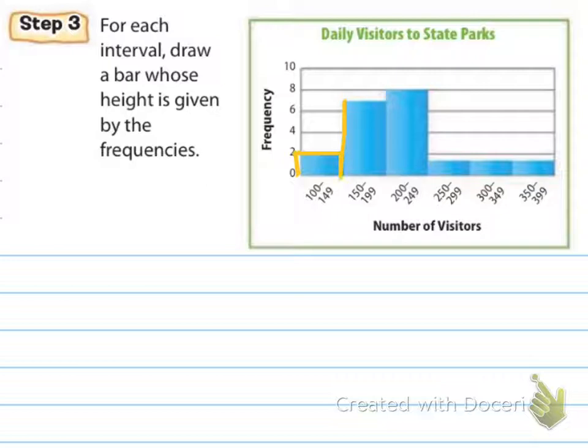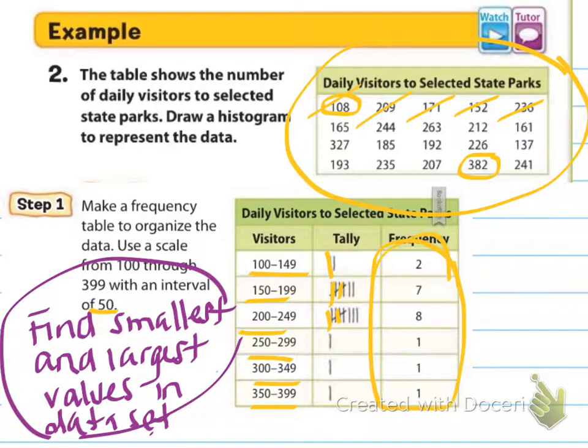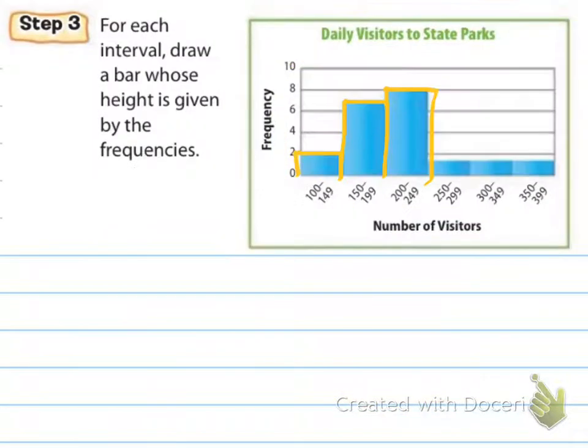Right next to it, we went up to 7. Then we went up to 8. Remember, these are all from our table here, and that's how we come up with our frequencies. And then we've got 1 for this, 1 for this, and 1 for this section. These all represent the frequencies of each interval for the daily visitors to the state park.